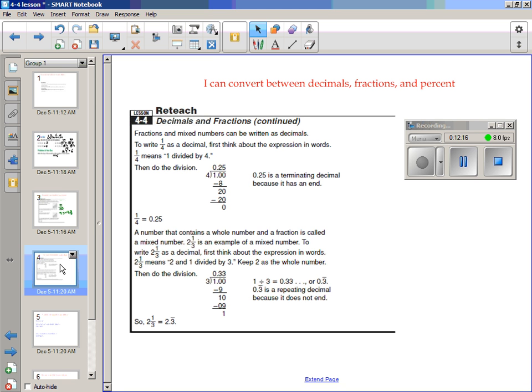So if we're going to write 1/4, first of all, I think it's really important that everybody in here should memorize what decimal number is 1/2, what decimal number is 1/4, what decimal number is 3/4, what decimal number is 1/3, what decimal number is 2/3. We should have all those memorized for sure.